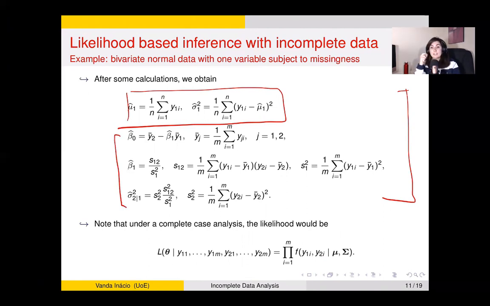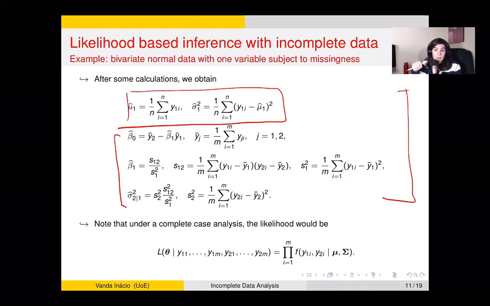Now, if I had assumed a complete case analysis, I would be disregarding the last n minus m observations from y1. And this is just to make the point, because in the last lecture we saw an example of incomplete normal data, but because we only had one variable, we had done all the calculations. It was simple as well, because we just used the likelihood of the observed data.